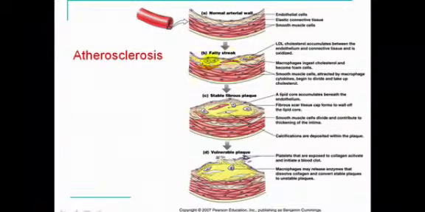It will accumulate under the endothelial cells down here in this connective tissue. And then it turns into kind of a state of inflammation. You have macrophages which will come and try to ingest the cholesterol, and they become what we call foam cells. The macrophages release chemicals that initiate inflammation.